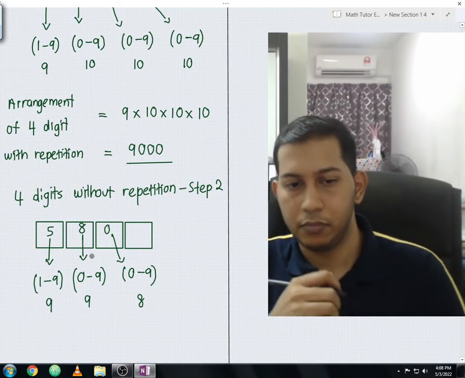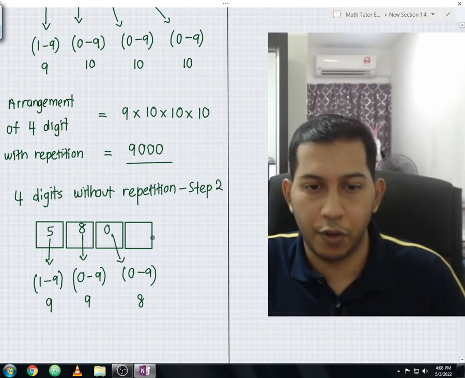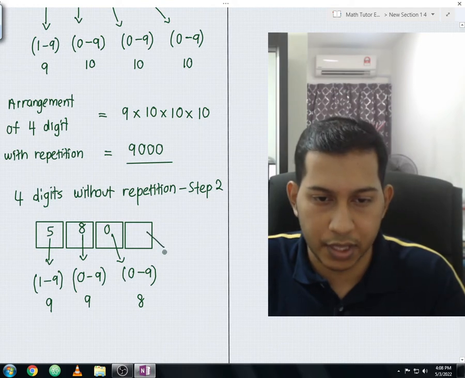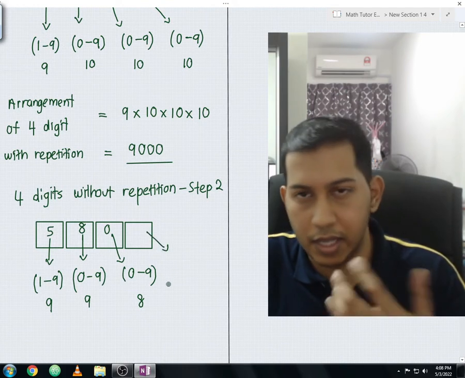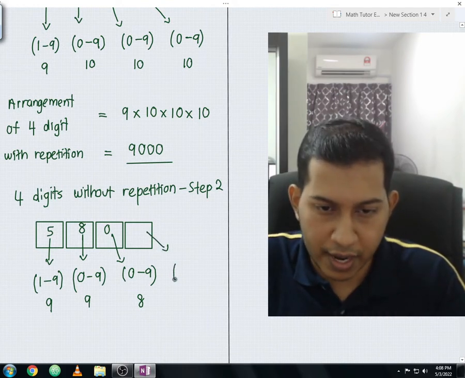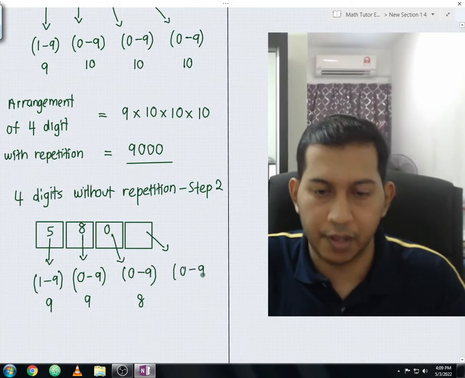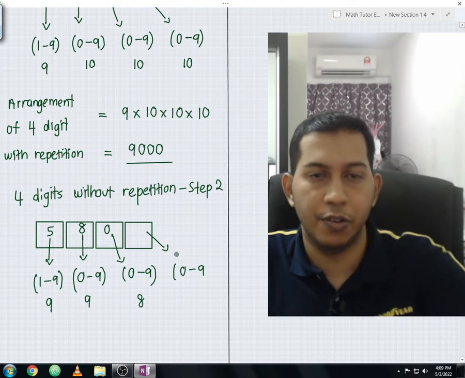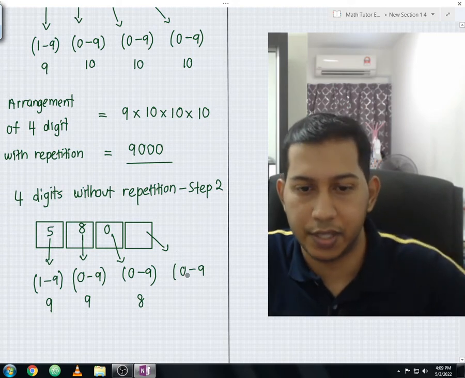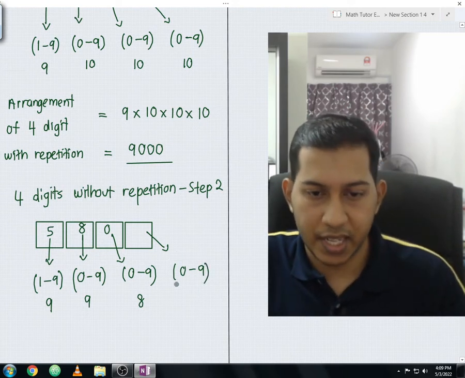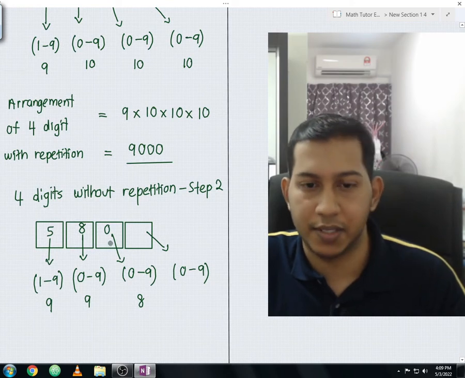Okay, and I move on to the fourth box, which in this case is the fourth digit. You still choose 0 to 9, just for the sake of the working, guys, because I don't want you to confuse the repetition and without repetition. But in this case you need to minus out all the numbers.